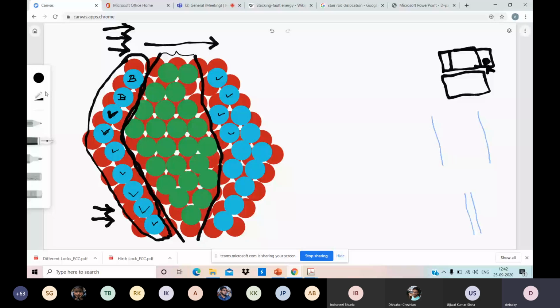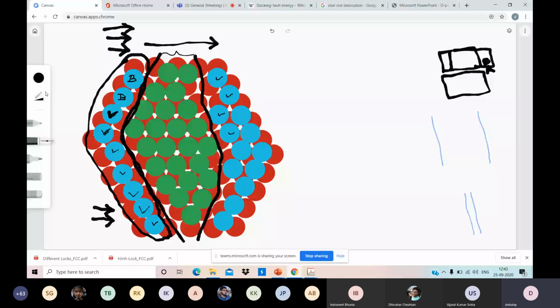Partial means it has not gone the unit movement, it has gone a partial movement in a different direction, which created an incomplete translation. Translation means the bottom part will be exactly the same as the top part. But here it has created a fault. And partial because it is not complete.